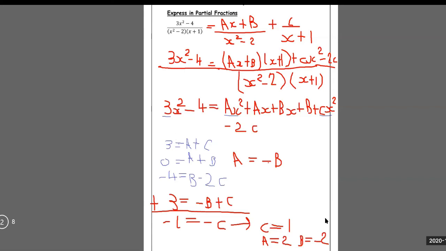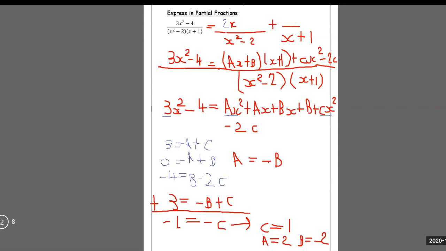So we can go back up and say that as a partial fraction, this is ax plus b, and I can erase what is right here. A is 2x, b is minus 2, and c is 1.